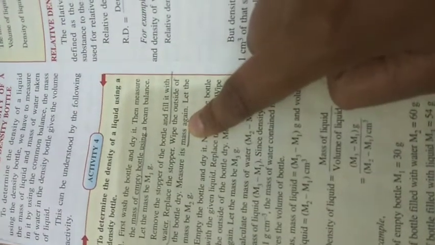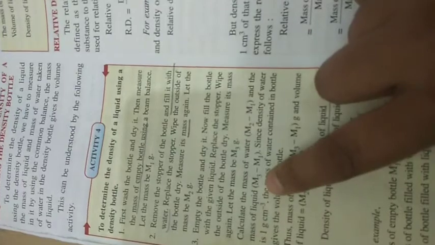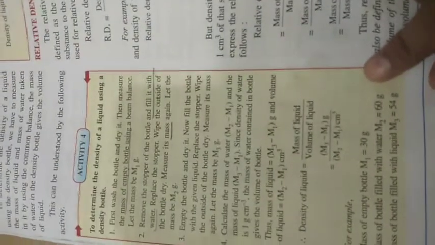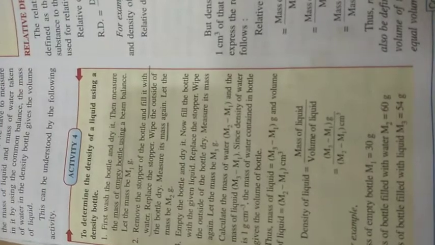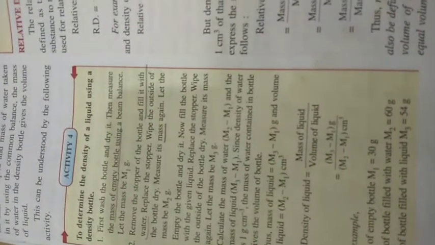M2 was the mass filled with water and M1 was the empty mass, so we subtract the empty mass. Then we find the mass of liquid, which is M3 minus M1. M1 is the empty mass of the density bottle. Then we find the density of the liquid, which is mass of liquid upon volume of liquid, that is (M3 minus M1) upon (M2 minus M1).